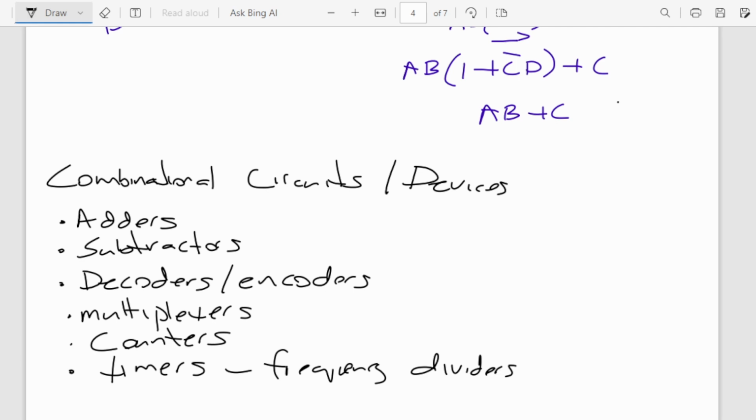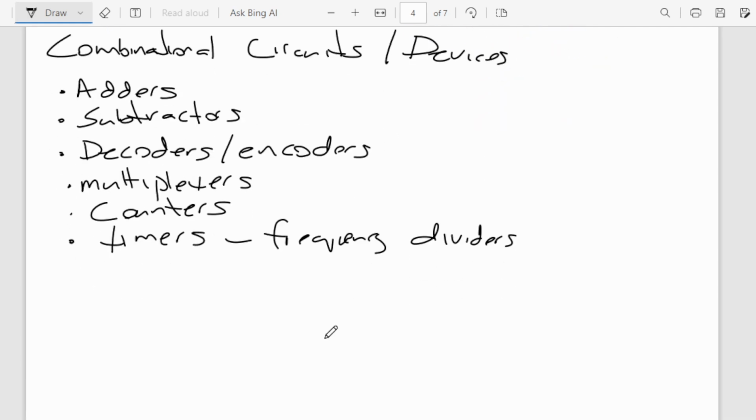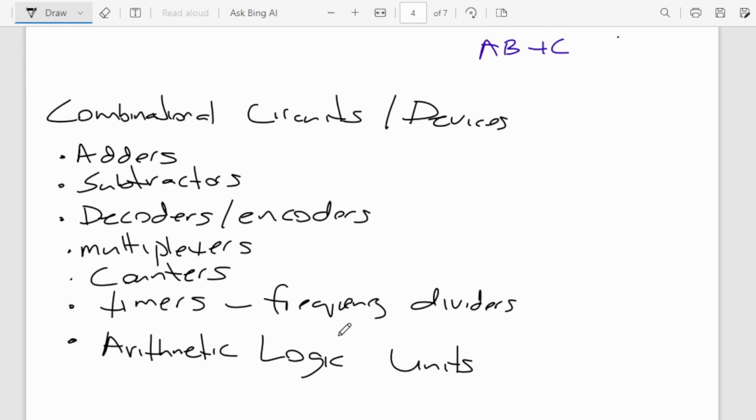Following that, we also have arithmetic logic units. So we want to use logic gates to build these combinational circuits, and of course we have a number of examples that we will share with you.